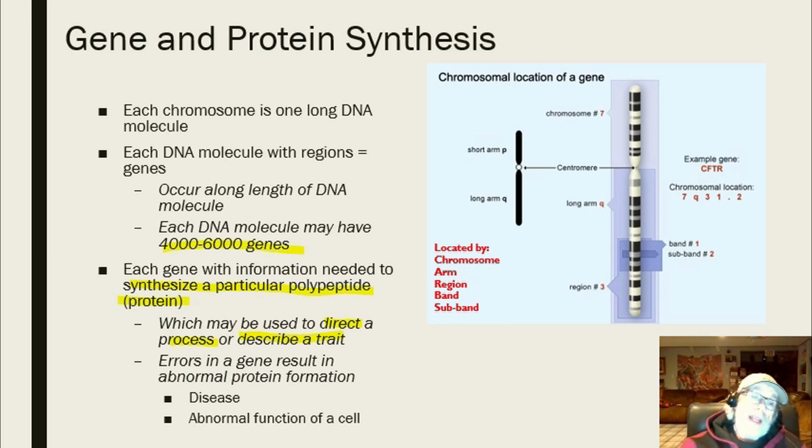Now, errors in genes result in things like disease or abnormal function of a cell. This isn't new, it's actually old. People talk about the genetic basis of cancers. If there's some type of abnormal cell division, we have a mutation in a particular gene, which causes more replications and all kinds of things that result in cancer.